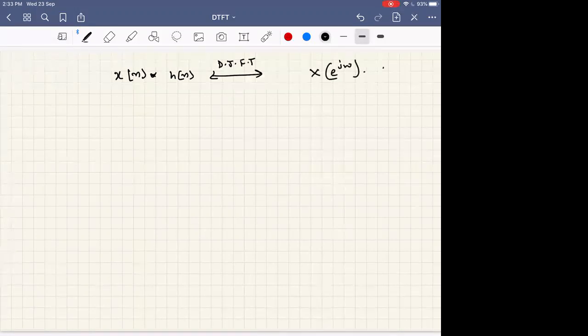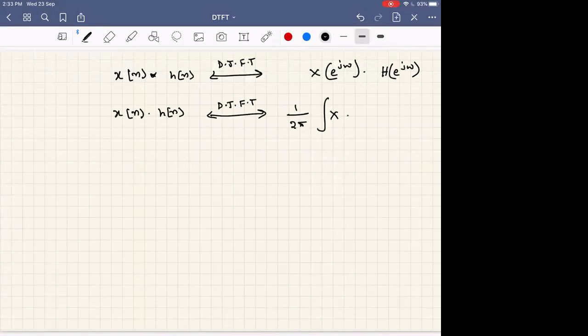And if there is a multiplication in time domain, what will happen in frequency domain? Convolution. All these things can be derived quite simply using the definition.